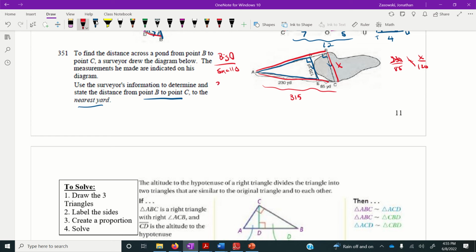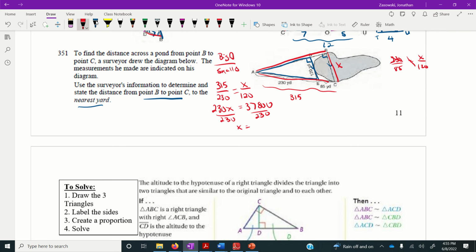So we're going to do 315, the bottom, big side, over the small, which is 230, is equal to the big triangle, which is x, over 120. And now we're going to cross multiply and solve. So 230x is equal to, multiplying times 120, we get 37,800, and we divide by 230 to get the final answer.